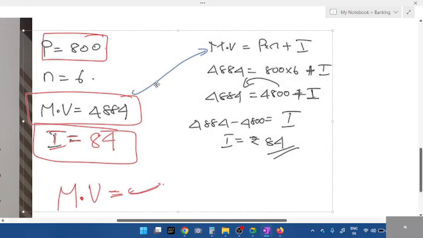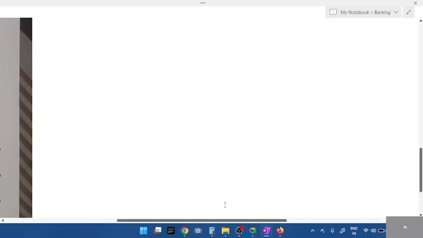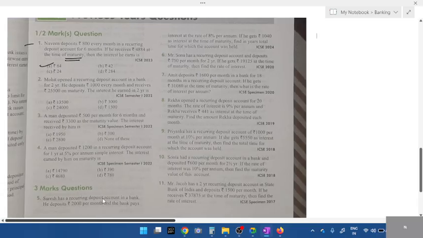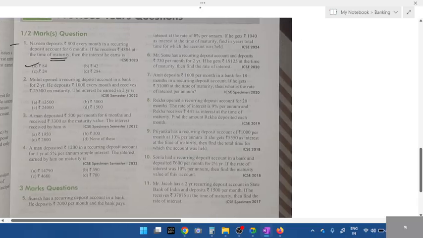Shall we do the next one? Next MCQ question. Okay, you all tell me the second and third one. What do we need to find and which formula do we need to apply, students? Tell me the second one.